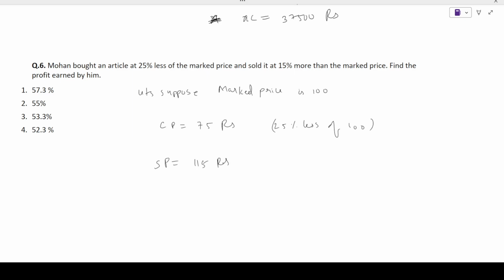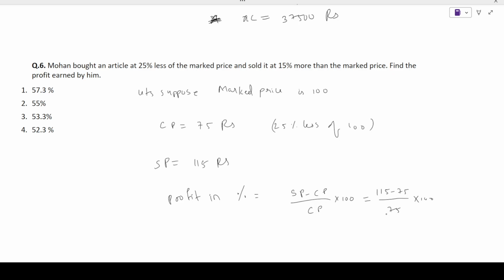So we have to find the profit earned by him, and the options are given in percentage. So we have to find profit in percent. Profit in percent is selling price minus cost price divided by cost price into 100. 115 minus 75 by cost price is 75.